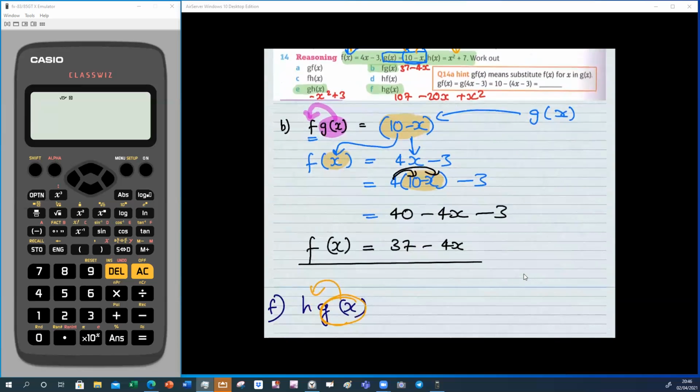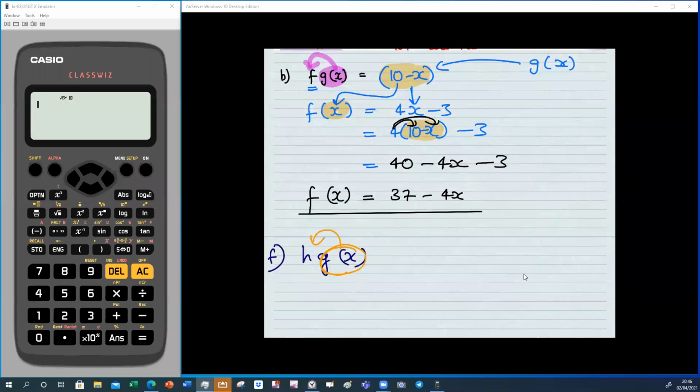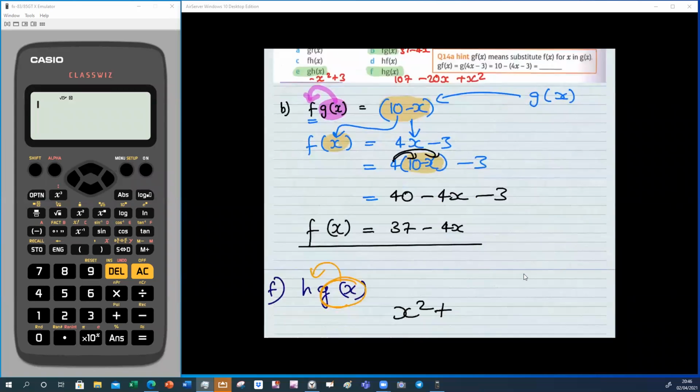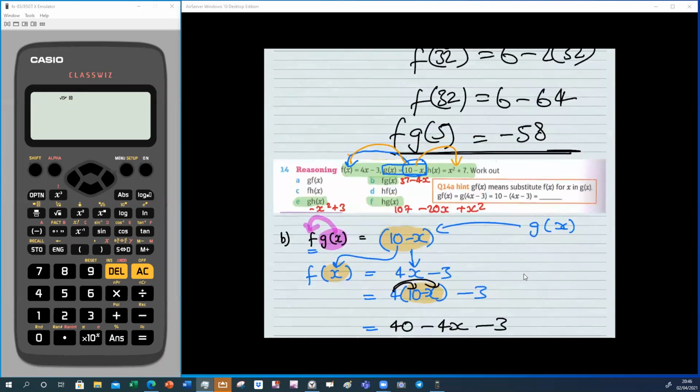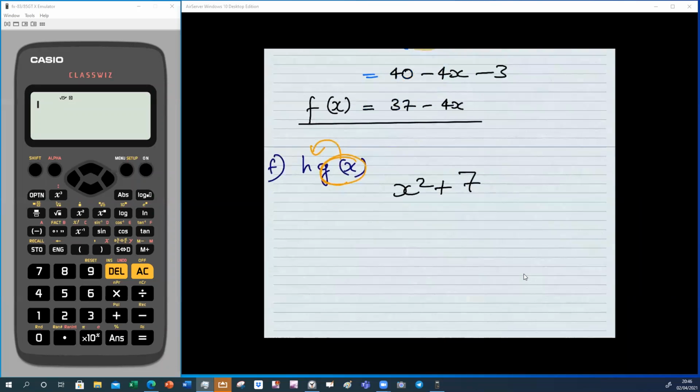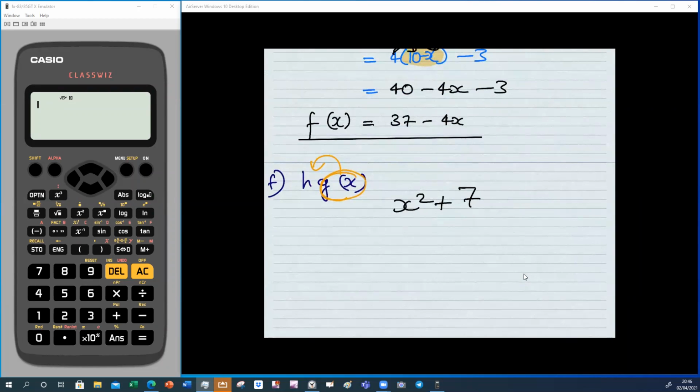Into that one. So we have here x squared plus 7. And in the x squared plus 7, they want to put 10 minus x in there again. So it's the same substitution, but in a different function. So the 10 minus x, the one you put into there.